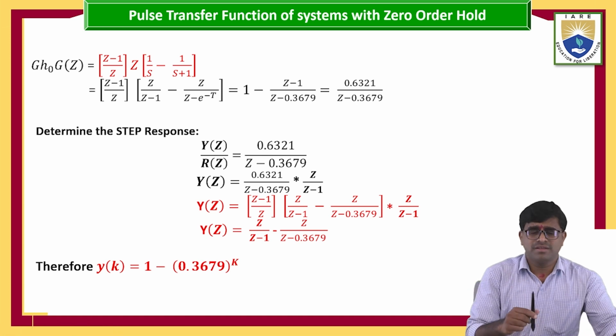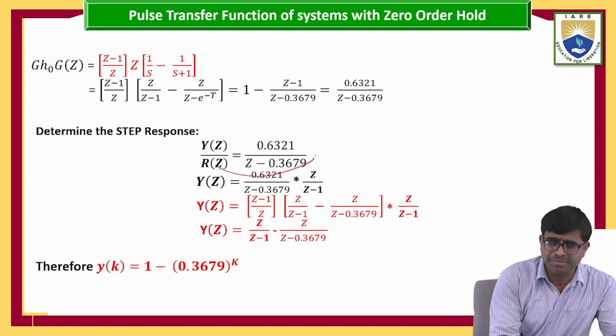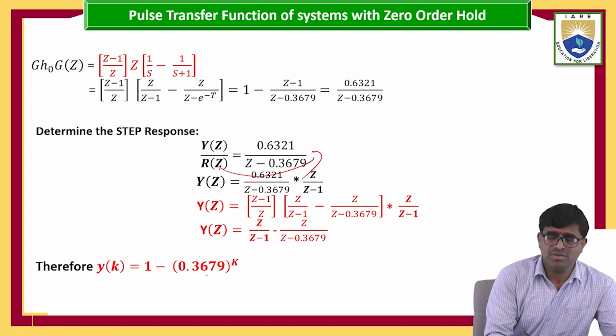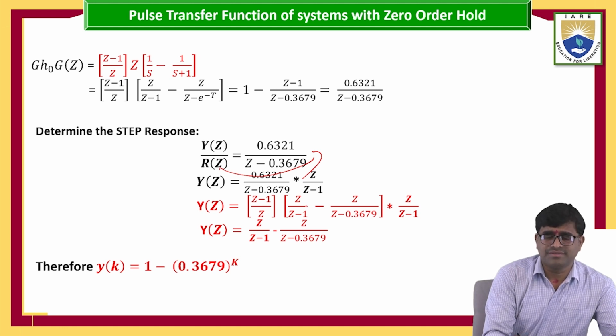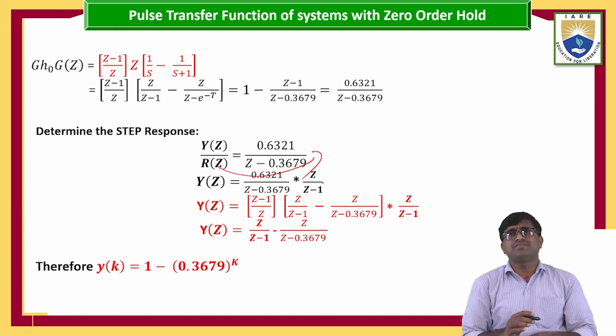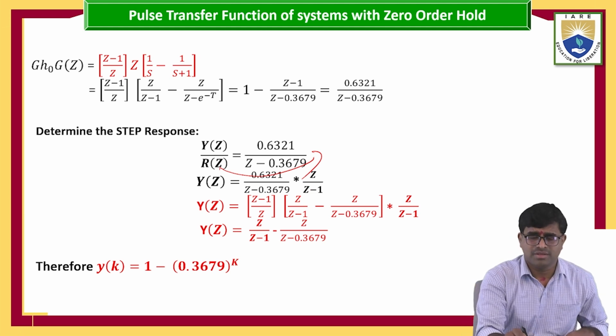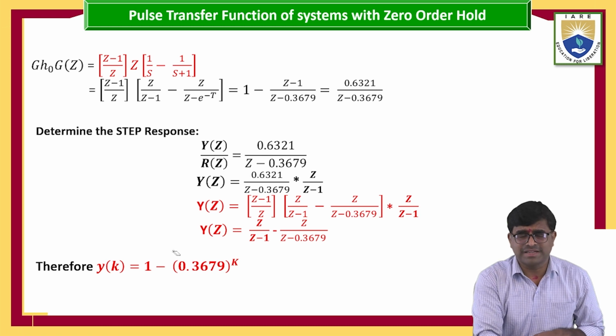For the step response, we take the step input. So Y(z) equal to 0.621 by (z minus 0.3679) into R(z). What is R(z)? Z by (z minus 1). Do the mathematical calculations.